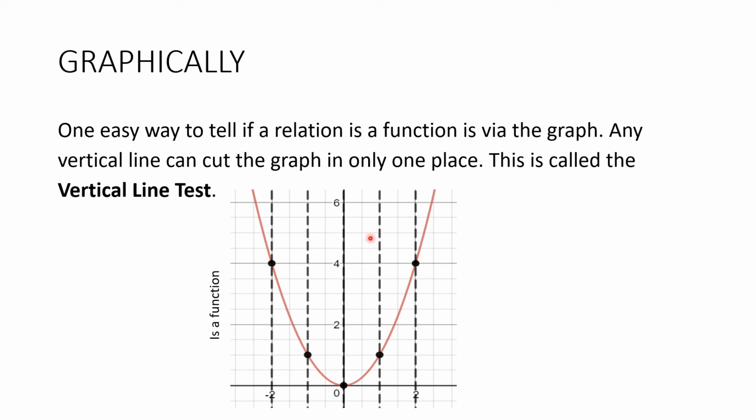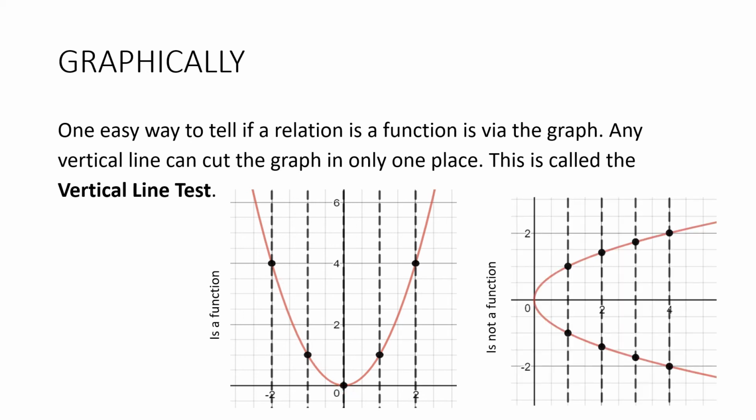These dotted lines are the vertical lines, and any vertical line that I draw is only going to cut this graph in one position. But this one's not a function. Can you see that? There's heaps of places where if I draw a vertical line, I'm going to cut the graph in 2 places. So this means when x is 4, I'm getting 2 answers, 2 and -2, not a function.